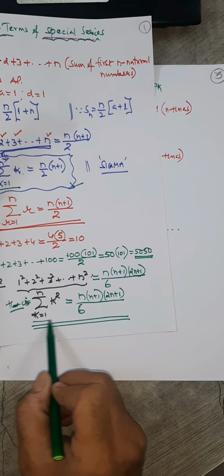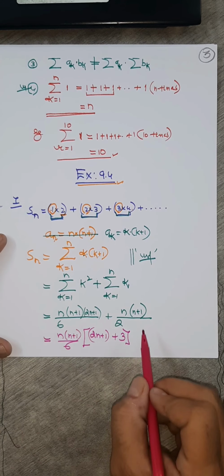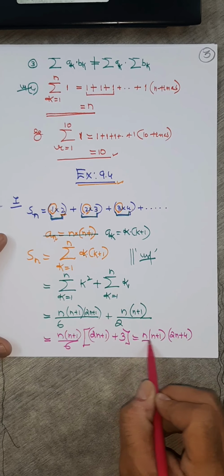Okay, now we can simplify here. Take n into n plus 1 common. By 6 also I'll take common. So here you are left with 2n plus 1. If I make it 6, you have 3 as the LCM here. N into n plus 1 already taken outside. So your final summation is n into n plus 1 into (2n plus 1 plus 3, that is 2n plus 4) by 6.